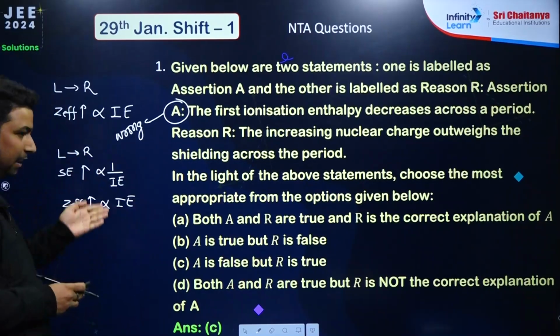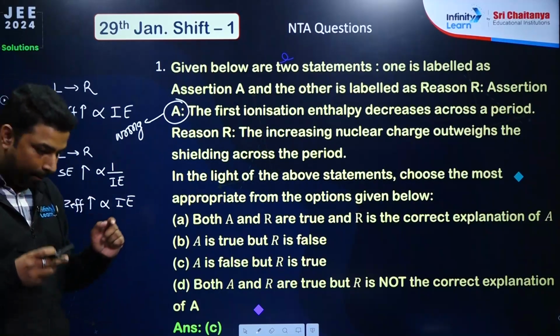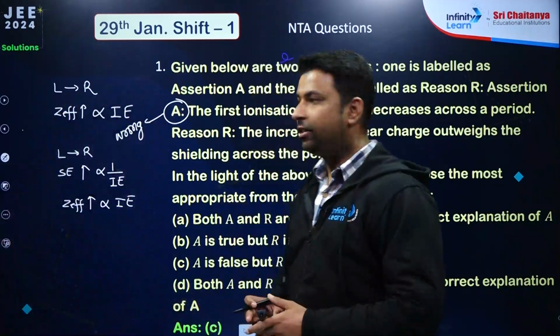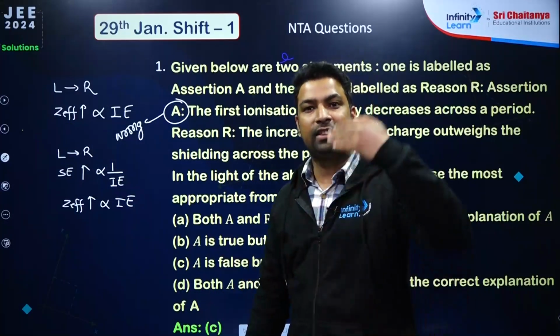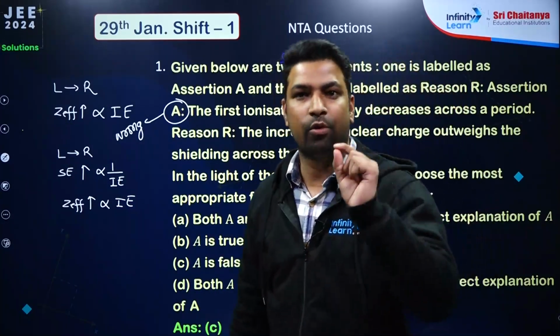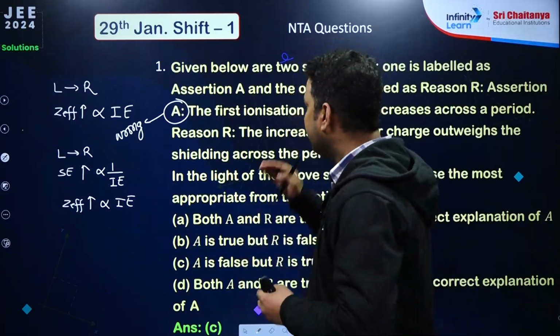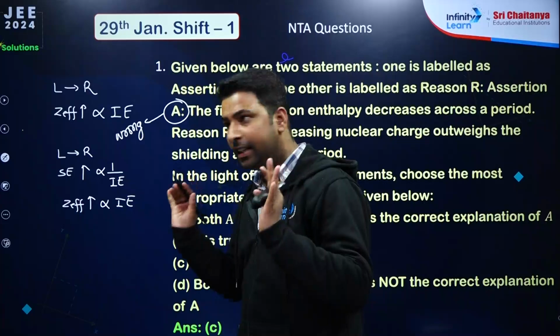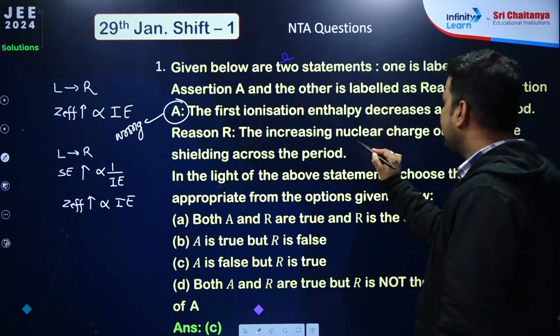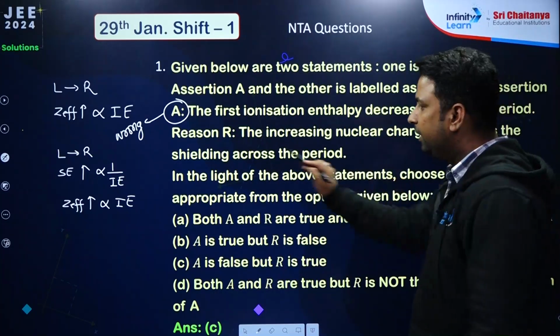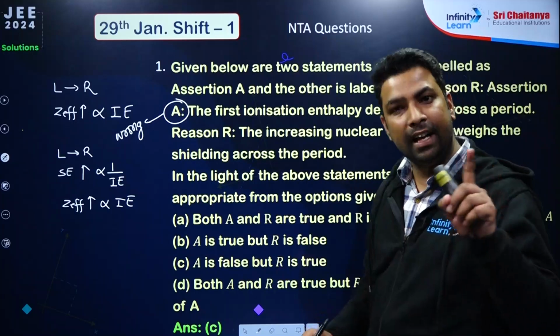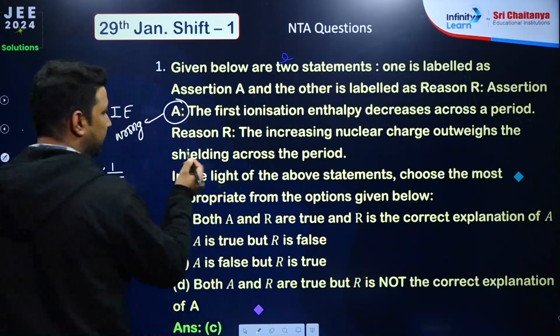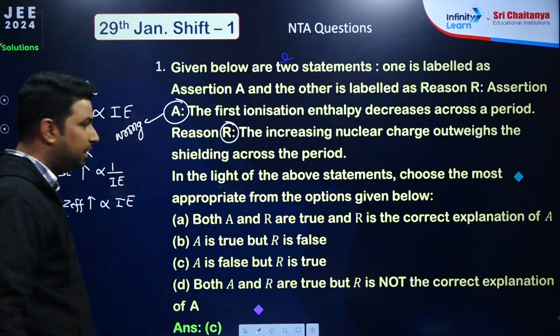It means these two statements are contradictory. But the rate by which effective nuclear charge increases is more, compared to the screening effect. Therefore, the increasing nuclear charge overweighs the shielding across the period is the correct statement. It means your reason is correct and assertion is wrong.